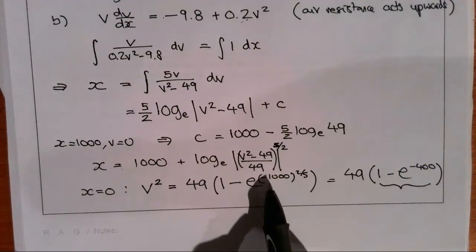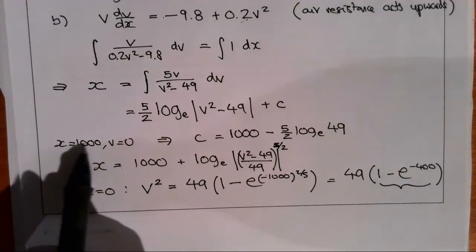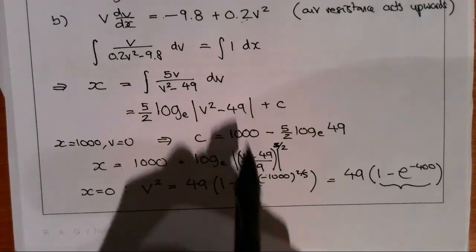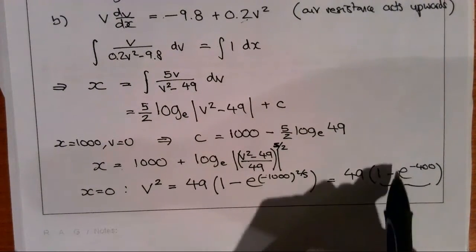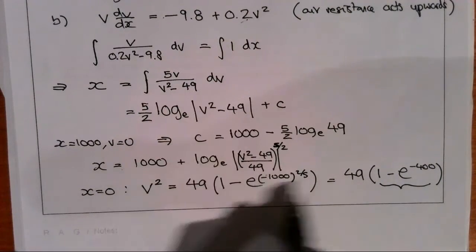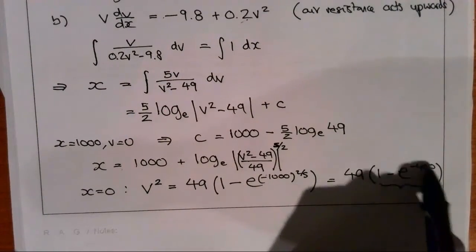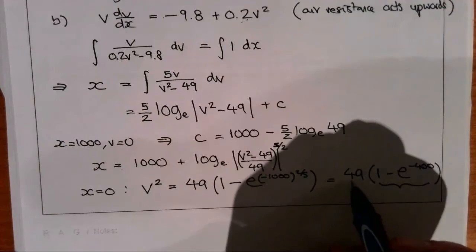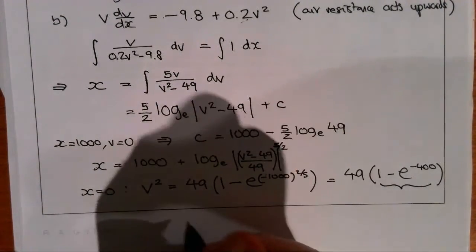So no matter how big I make x, here x is 1,000, if I drop it from a bigger height, a bigger height, a bigger height, then I'm still going to get the same overall expression, and because this thing is tending towards 1, the maximum value that v is going to take is 7 or minus 7.